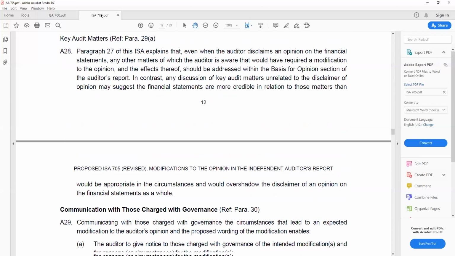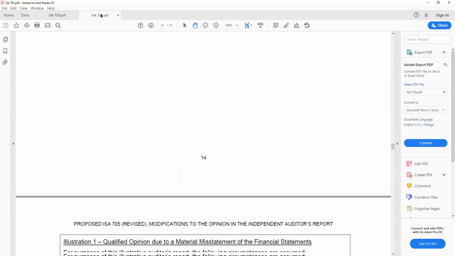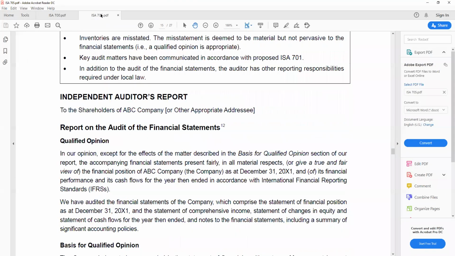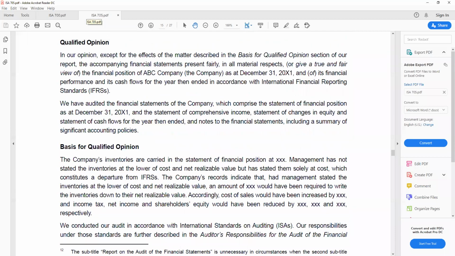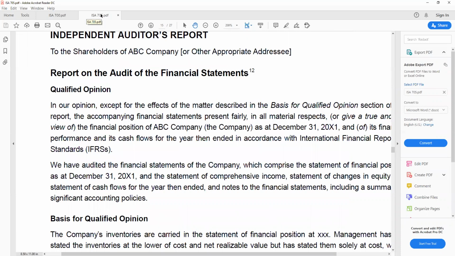If I remember, it was part of this illustration, qualified opinion with an except for. So generally, it's just referred to as a qualified opinion.